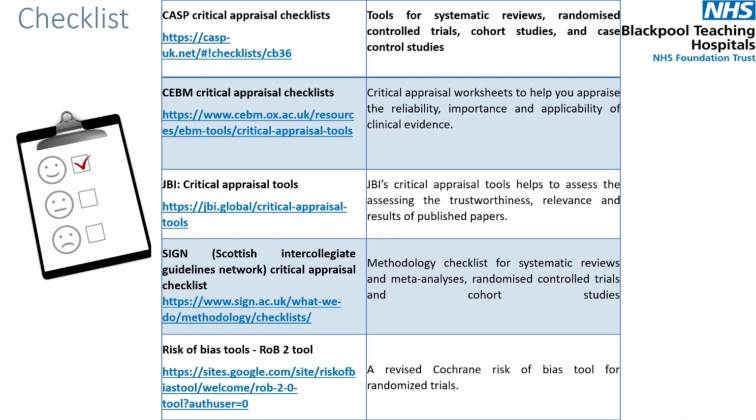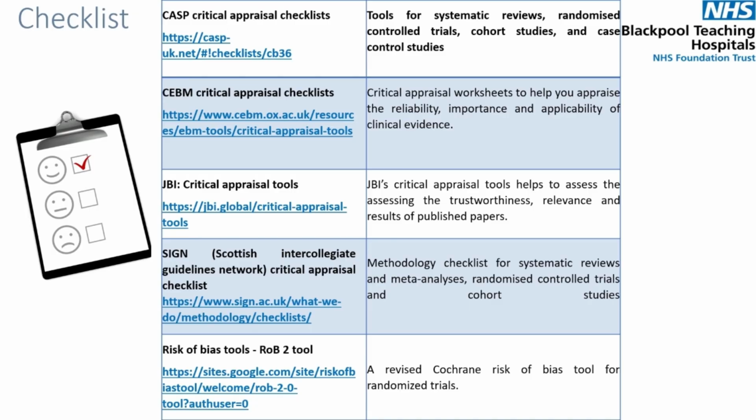The SIGN checklist is widely used in the UK for appraising the quality of evidence underpinning clinical guidelines. The risk of bias tool is particularly useful for assessing potential for bias in randomized trials and is commonly used in systematic reviews. Using these tools can help ensure a structured, transparent, and repeatable approach to critical appraisal.